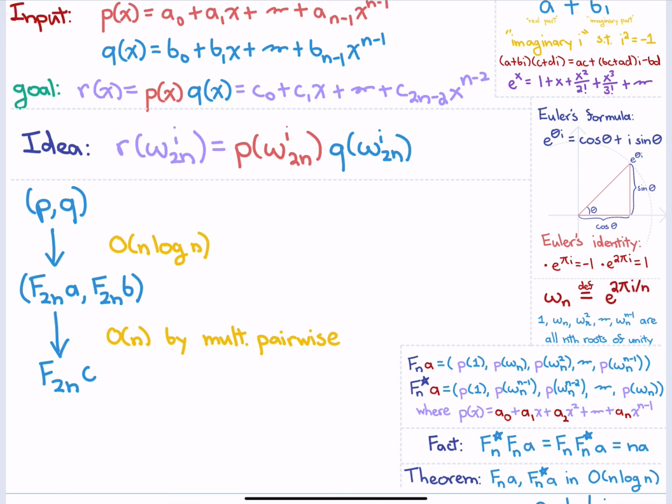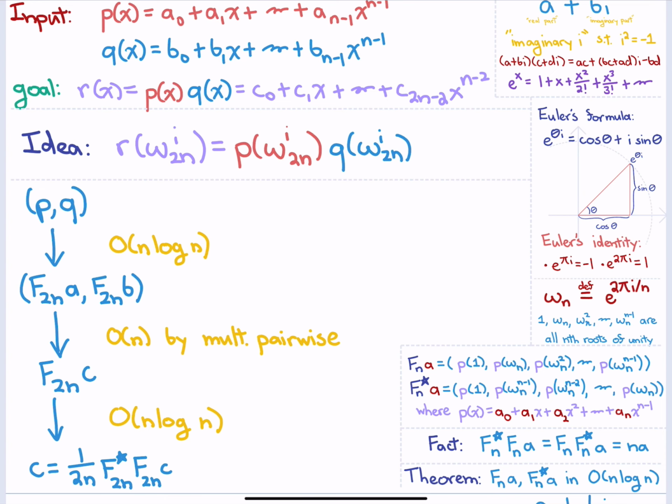So now I have the Fourier transform of the polynomial I want. And finally, to get the polynomial, I do what? We just call the inverse, and we divide by 2n. So I call the inverse operation, and then I get those coefficients c up to a factor of 2n, which I can divide out.